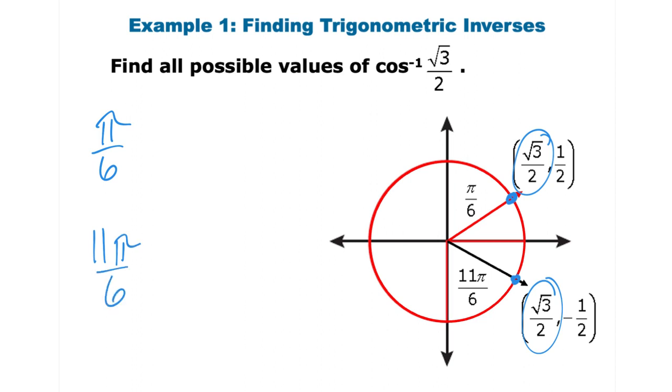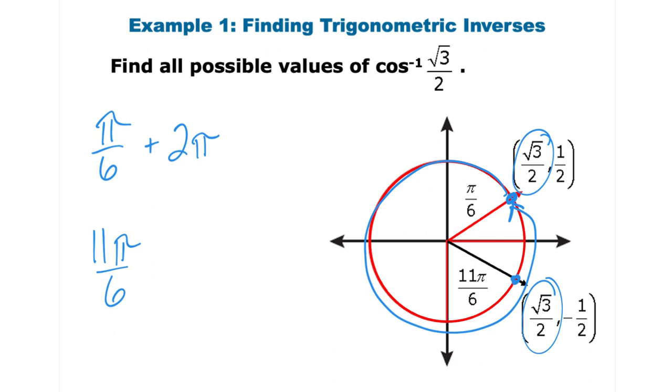But we also need to remember, what if we add on 2 pi? We're going to be right back, in this case, at pi over 6. So every time we add on 2 pi, we're going to be right back at that pi over 6 value that has a cosine of square root 3 over 2.